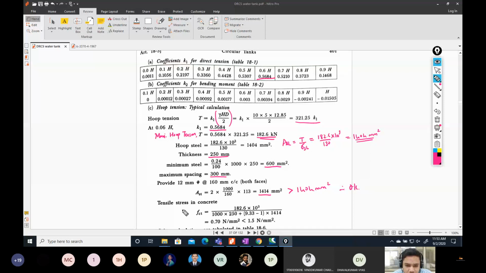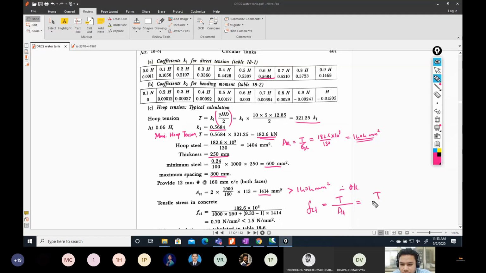Now let us check the section so that the tensile stresses are not exceeded in the concrete. So we find FCT, the tensile stress in concrete. This is the actual or calculated tensile stress, equal to the tension divided by AT, the transformed area.